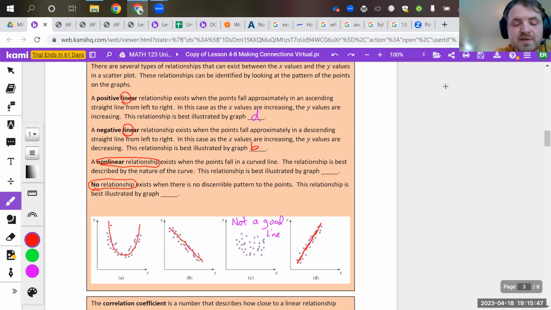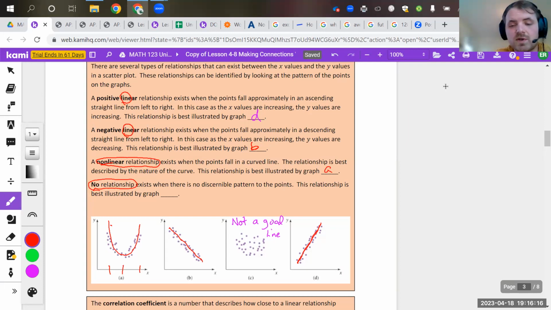If it was buildings again, when you have a short building, it's going to have a lot of stories, but then for some reason, as you get bigger, it goes down. I don't know why that would ever happen, but then as you get even bigger after that, it starts to jump back up again. The building would not be a good scenario for that, but there is still some kind of relationship happening, and it's non-linear, not a straight line. So that is graph A right there.